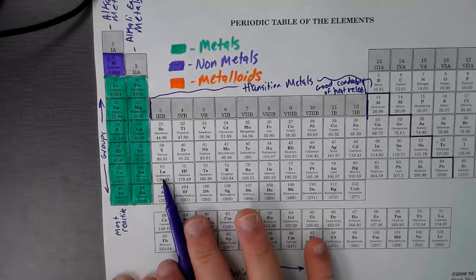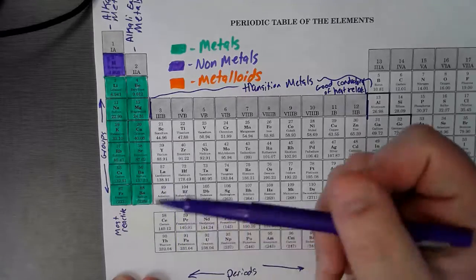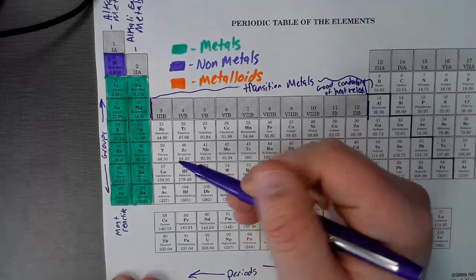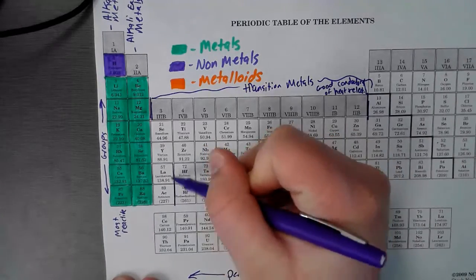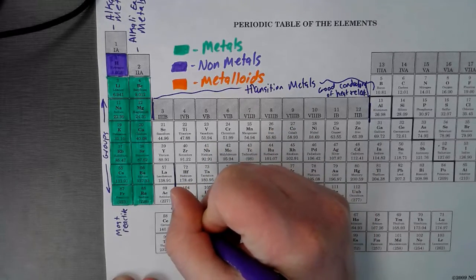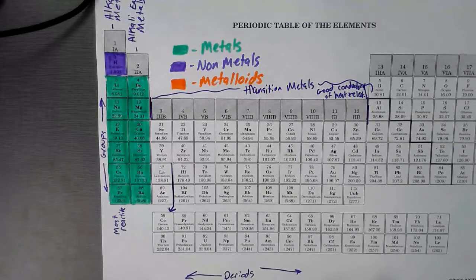Now, another thing that you'll see is if you look down here at element 57, lanthanum, between lanthanum and hafnium, do you see that there's a jump? It goes from 57 to 72. Well, those elements are not in the table. They are these that are right below the table. Those were taken out and placed at the bottom so that the table wouldn't be so wide.